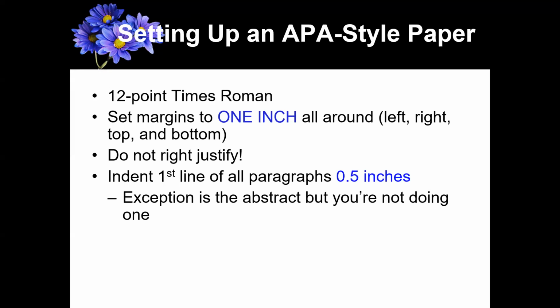The only exception to this indentation is the abstract, but you're not doing that, so you don't have to worry about it. Actually, one more exception is going to be your references. Each reference is going to be indented, but only after the first line. And I'll show you what that looks like.